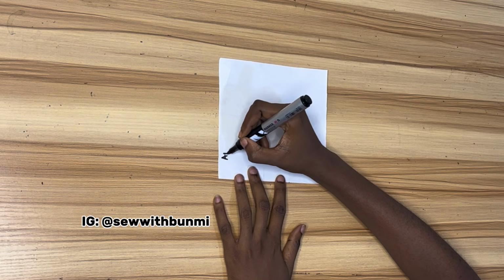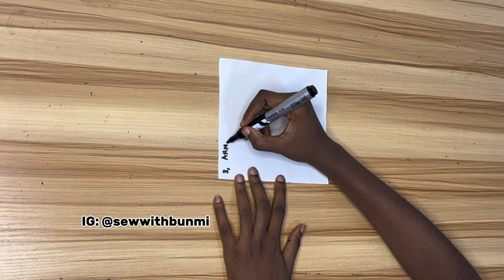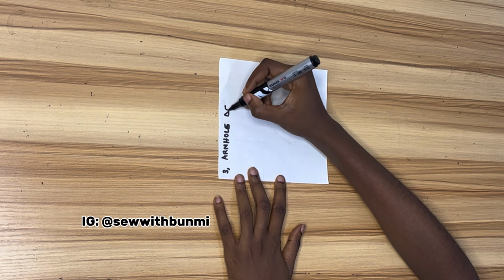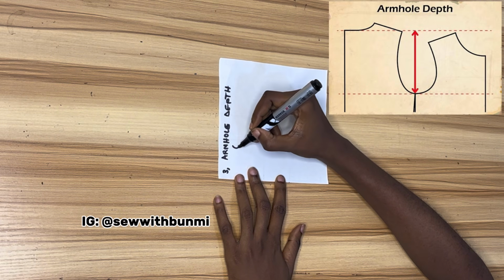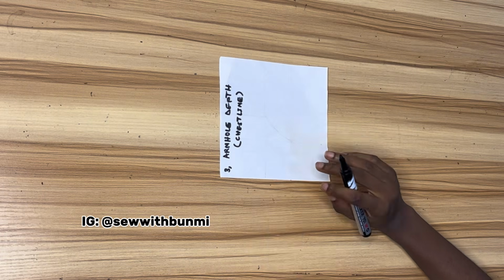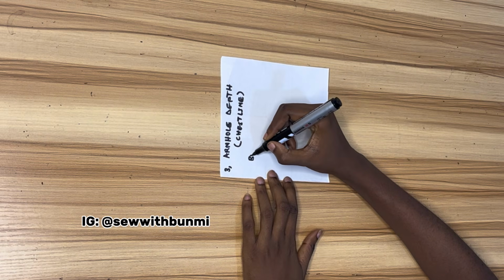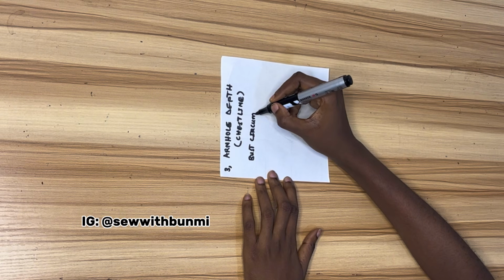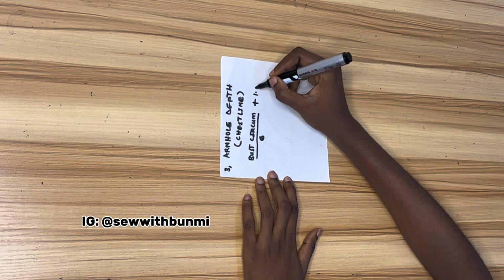So now let's work on the calculation of your armhole depth. The armhole depth can also be called the chest line, and the formula is similar to that of the shoulder. So it is also your bust circumference divided by 6 plus 1.5.